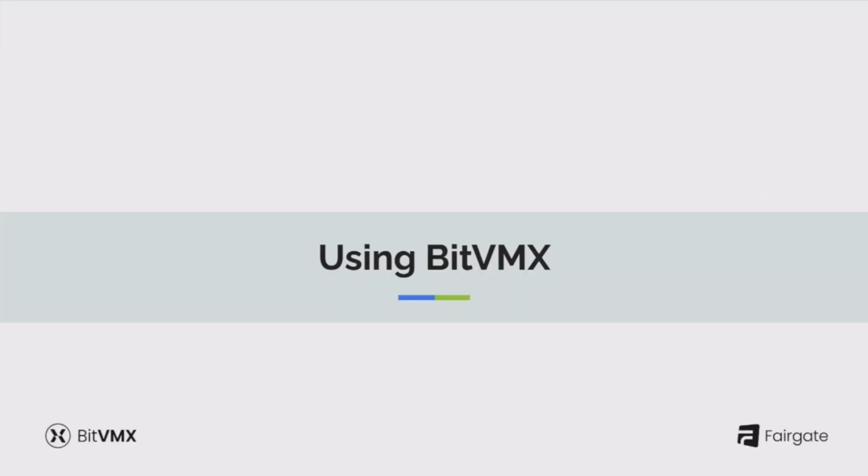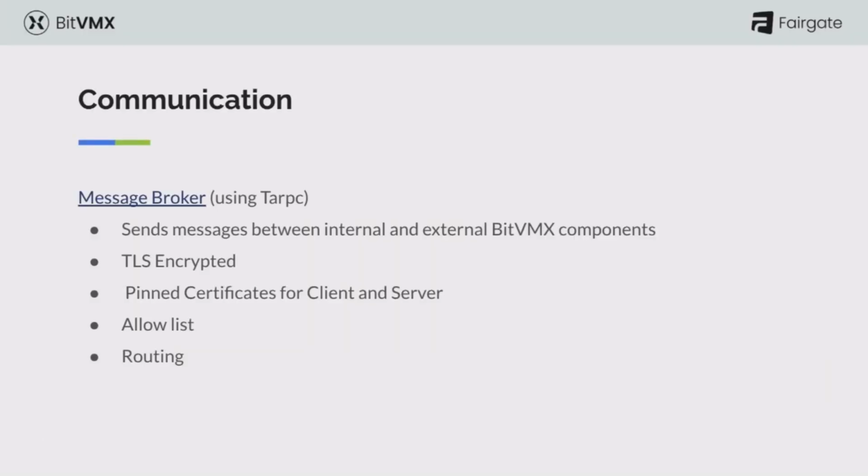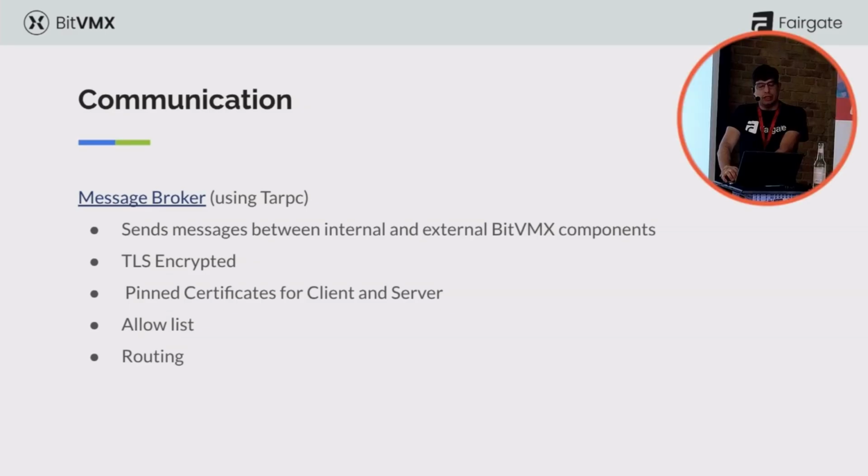So let's go to something more practical on how we actually use BitBMX from a developer perspective. First things first, we need to communicate with BitBMX. The way of doing that is using the message broker.